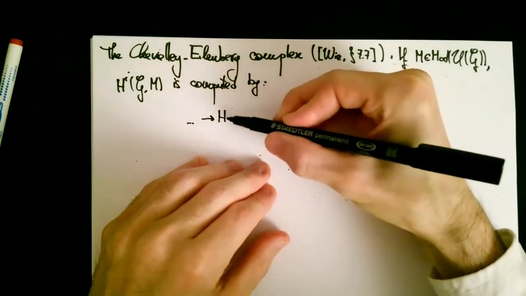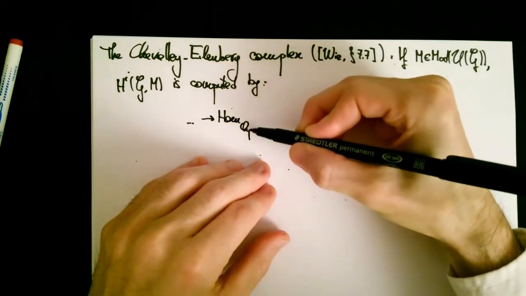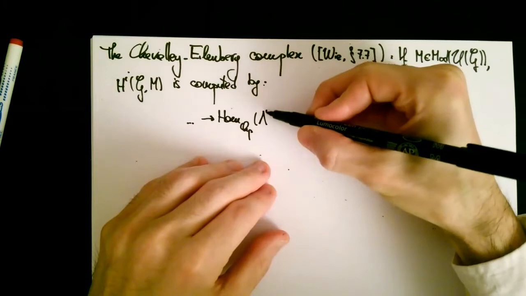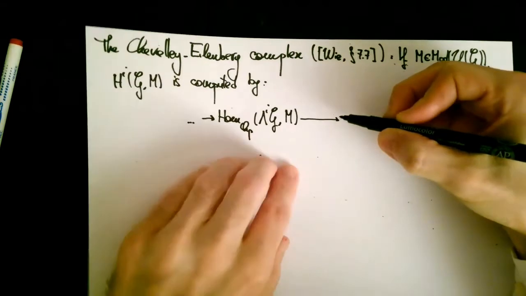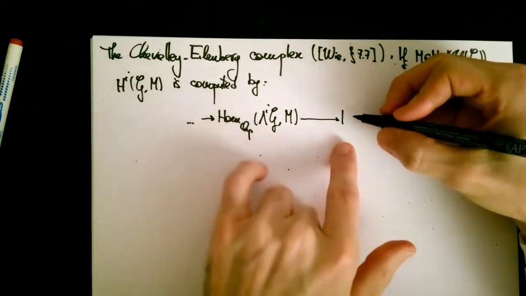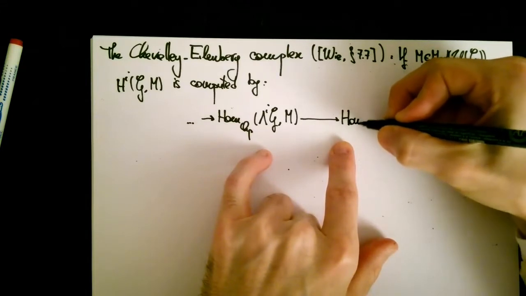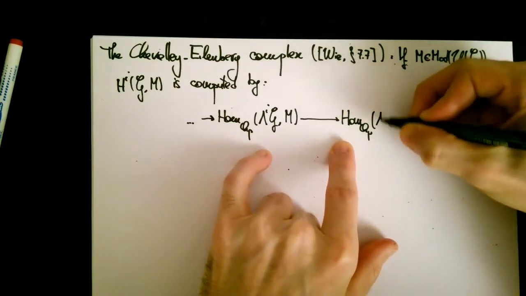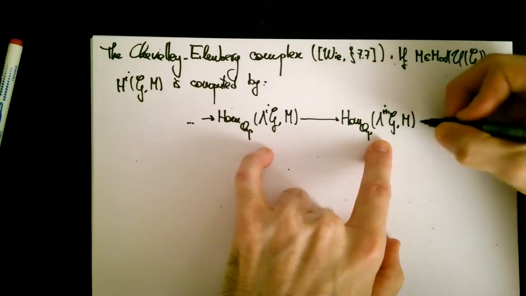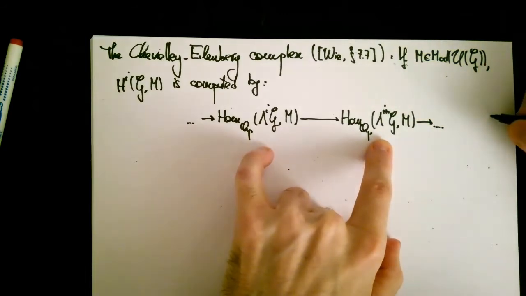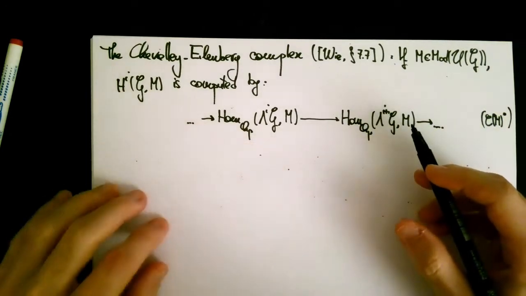We take the Hom space as Q_p vector space of the wedge product of G, with values in M. The boundary maps are very explicit in terms of cochains. Here we have wedge i+1 of G, M, and so on. So we have this complex, which I called C(M) bullet.